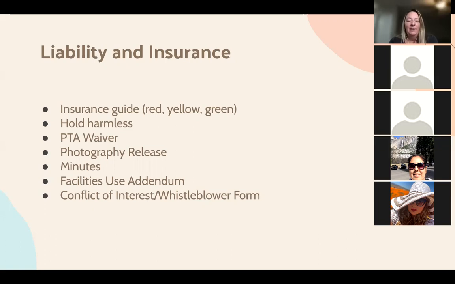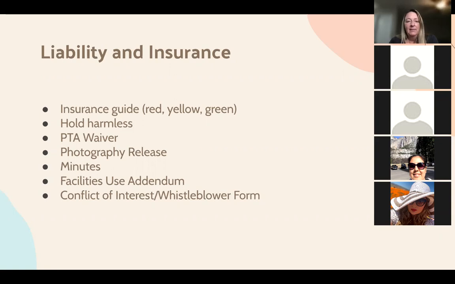This one, if you have not already seen it, take note of it now and let your president know that your president should have asked each and every board member to fill out a conflict of interest and / whistleblower form. This basically just asks you if the PTA is going to be doing any business with any personal interest that you or somebody that you are a close relative of have.